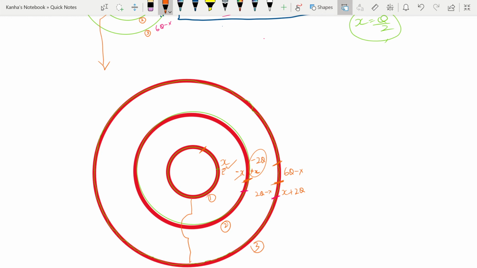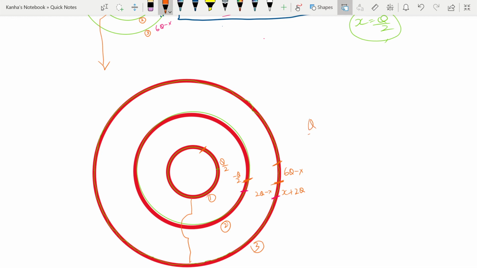Now if I just substitute x is equal to q by 2, what does this give me? I have q by 2 here, I have minus q by 2 here. On the outer one, what do I get? x minus 2q, so that is q by 2 minus 2q.